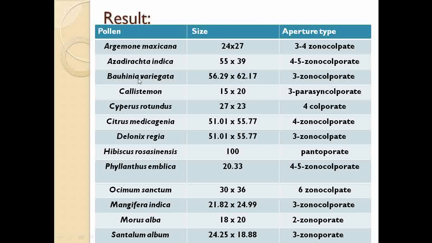So if you observe all these varieties, these are different plants, and different plants have different pollen sizes and different apertures, as well as different shapes. So in this way you are able to recognize the differences between two plant species.